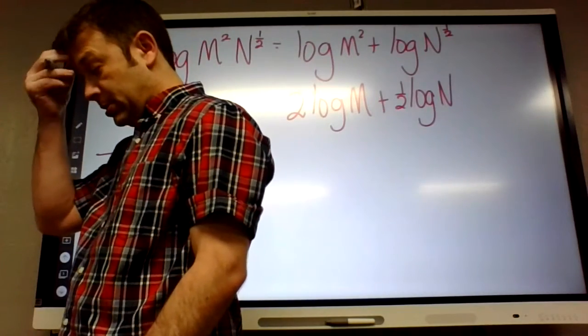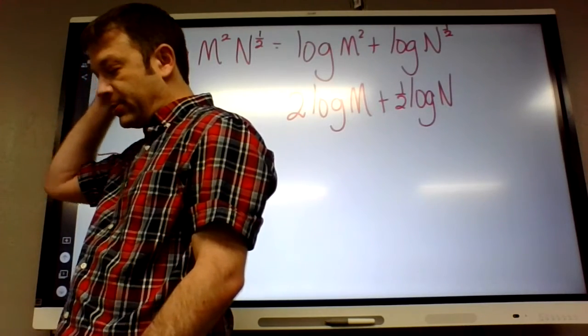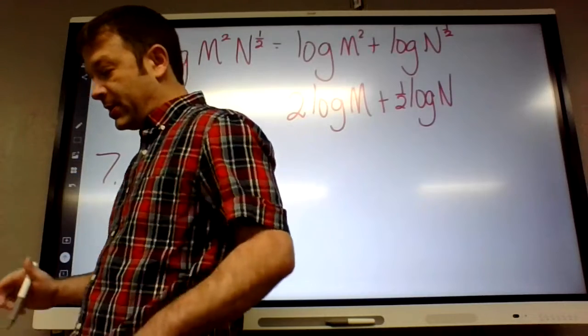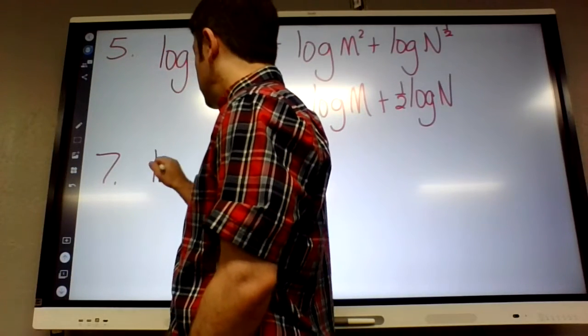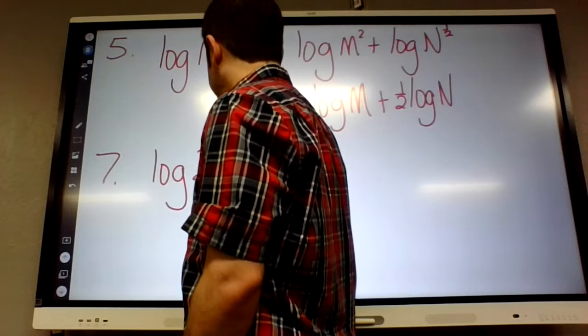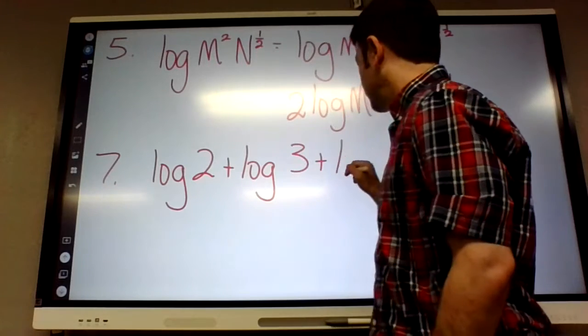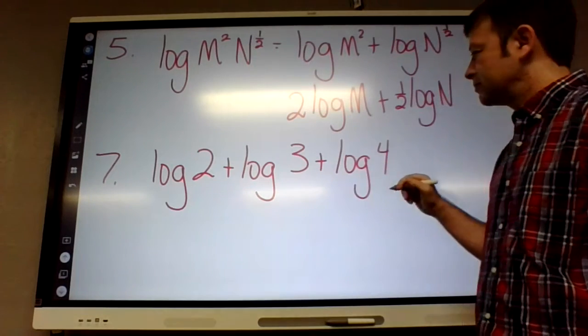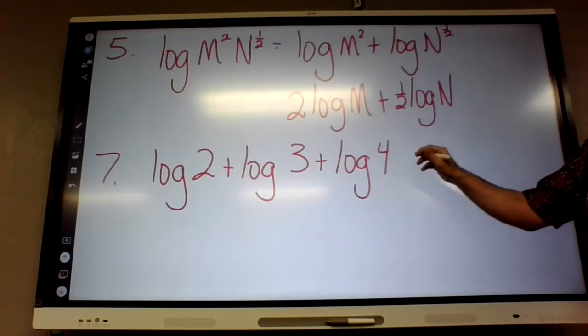Number 7. Okay, so write each expression as a rational number or as a single logarithm. So we're going to combine everything together into one log. Luke, any ideas? How can we squish these together?